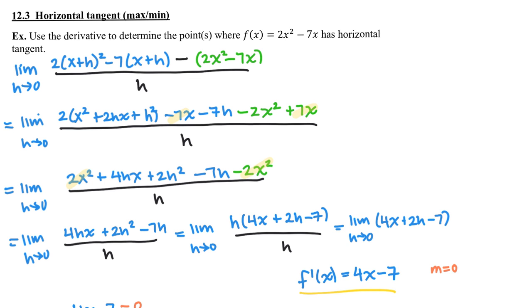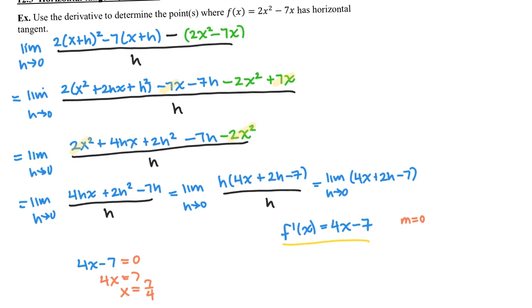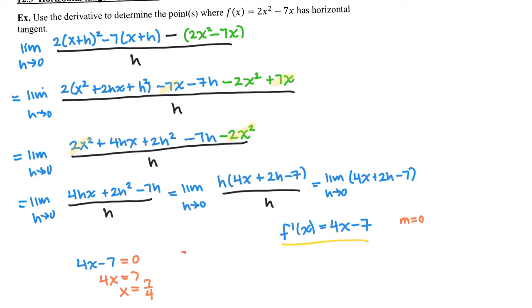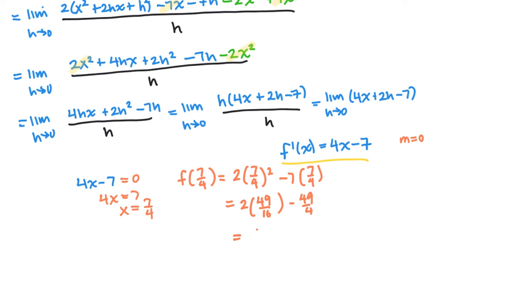Okay, I need to determine the points, so I actually need an ordered pair. So let me go ahead and plug my 7/4 back into f of x. 49 times 2 is 98, huh?